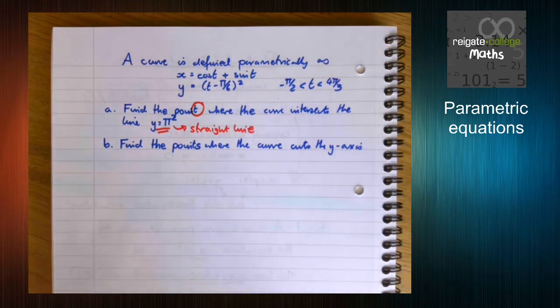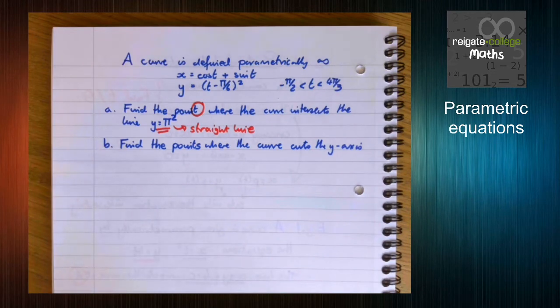So before we have a look at this question, what I'm going to do is show you very briefly how to use Desmos, which is a free online graphing program. I think it's great to help you draw and get your head around these questions.